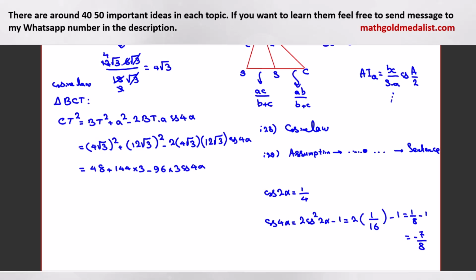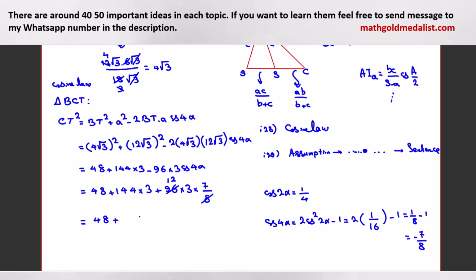Now let's replace here 48 plus 144 times 3 plus 96 times 3. Because it is minus 7 over 8, we can apply it on this 7, it's 7 over 8. Now if we divide, this one will be 12. And here we have 3. All these numbers, let's calculate.